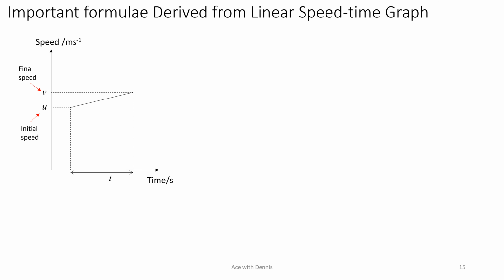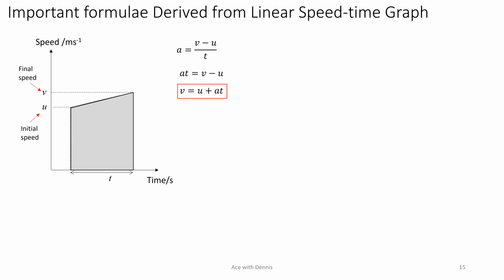This is the total distance for the change of the speed. We know that acceleration is v minus u over t. Hence, when we make v the subject, v will be equal to u plus at. So this is the first important formula.